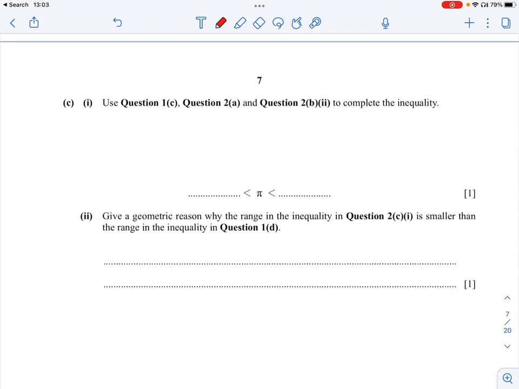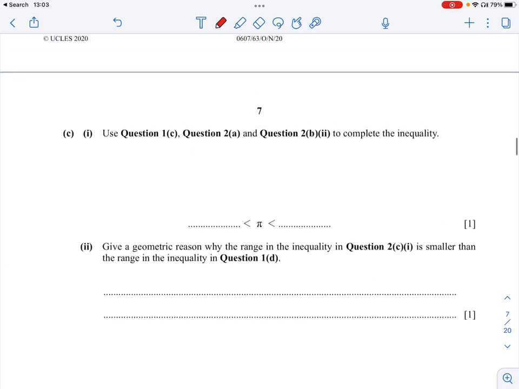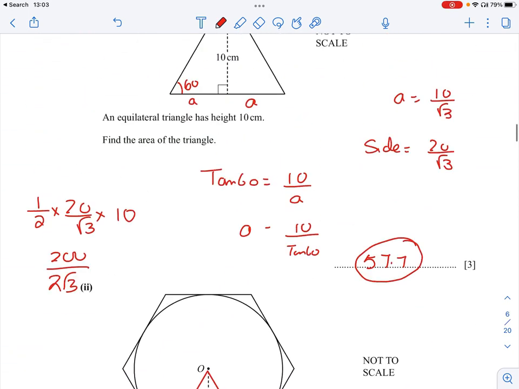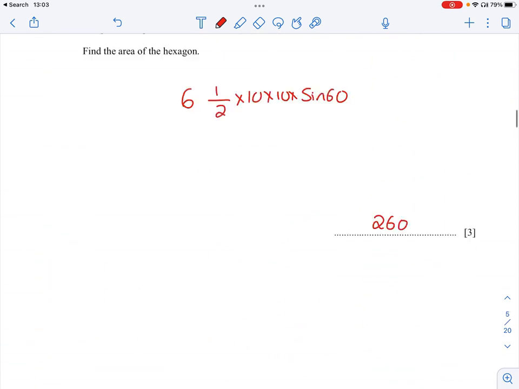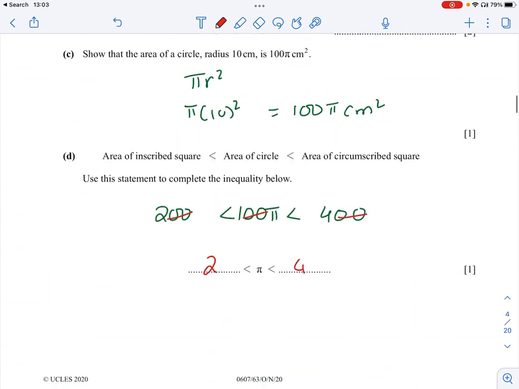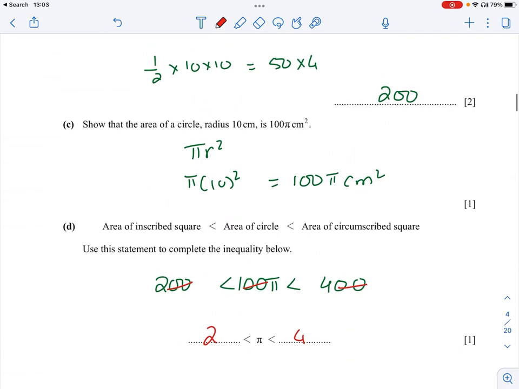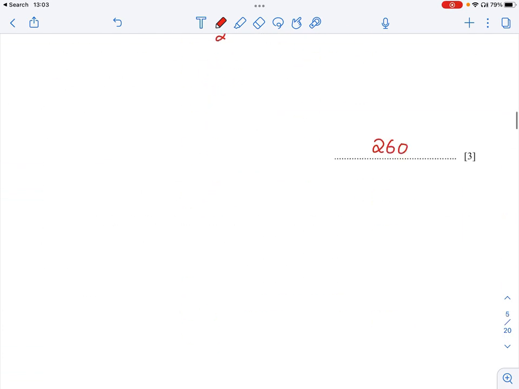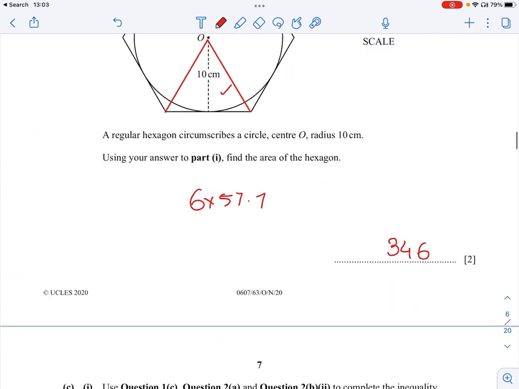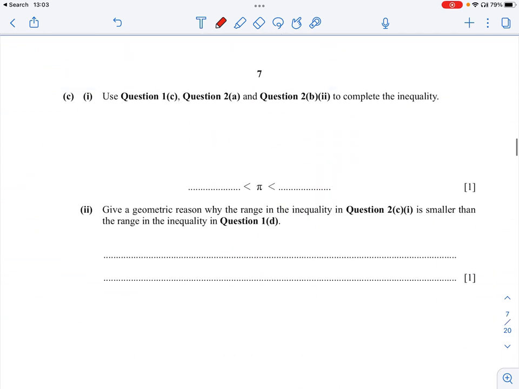Use the answers in question 1C, 2A and 2B2 to complete the inequality. Where was 1C? Area of the circle was 100 pi. 1C is 100 pi.